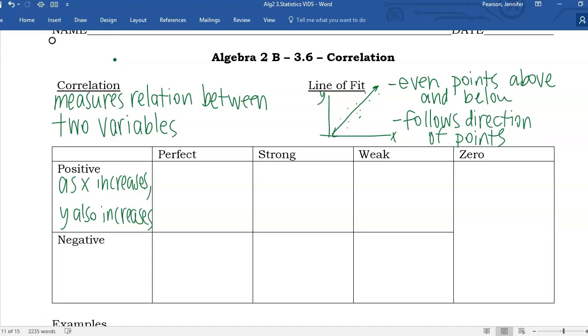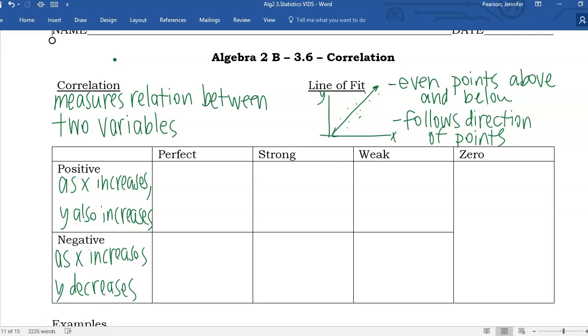When x increased, y also increased. A negative correlation would be as x increases, y decreases. And I'll draw an example in some of these boxes here.